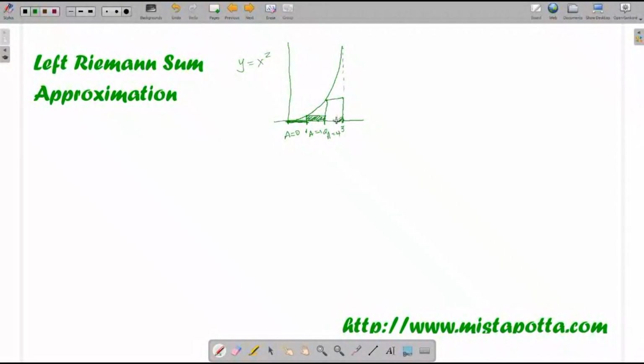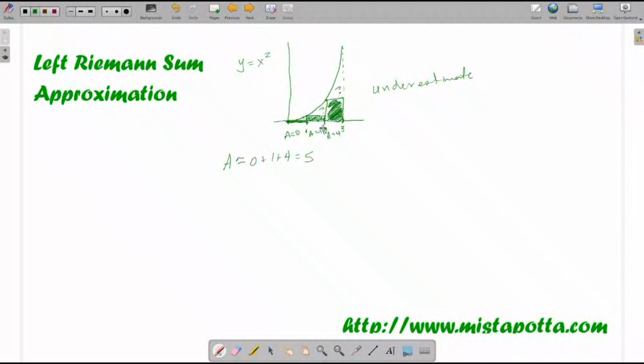So if I'm approximating using these left rectangles, where the height of my rectangle is determined by the left endpoint, then my area is approximately 0 plus 1 plus 4, or an approximate area of 5 square units.